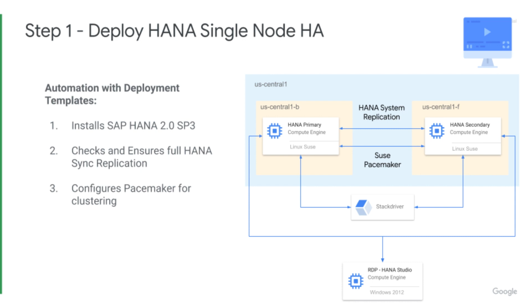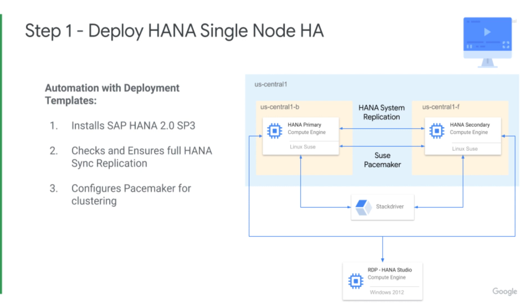And we will configure through the deployment manager a HANA cluster with SUSE Pacemaker that will make sure we have an HA environment set in place. And those HANA databases will be set up with HANA system replication. All of this will be tracked through Stackdriver.